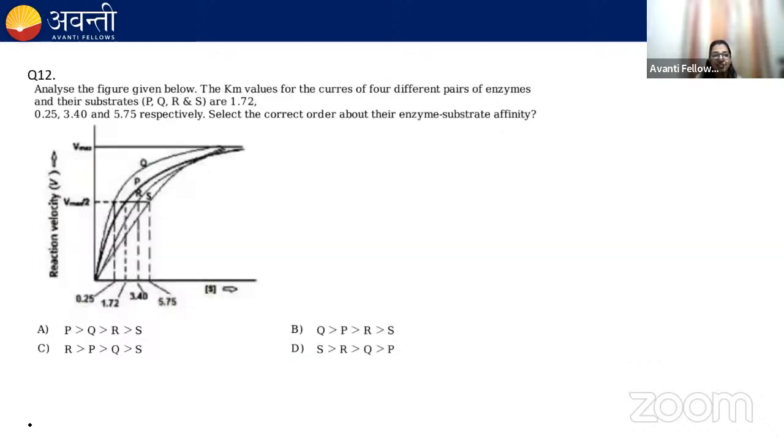Moving next, analyze the figure given below. The Km values for the curves of the four different pairs of enzymes and their substrates, P, Q, R, S, are 1.72, 0.25, 3.40, and 5.75. So this is a Michaelis-Menten graph, okay?